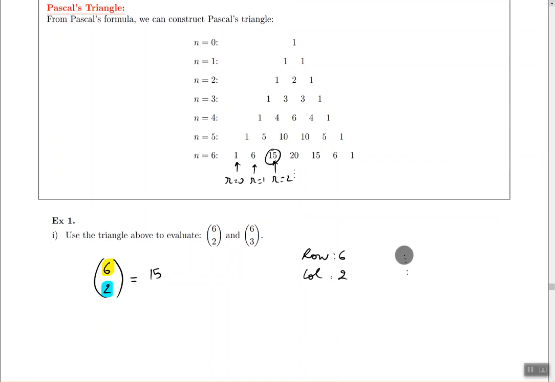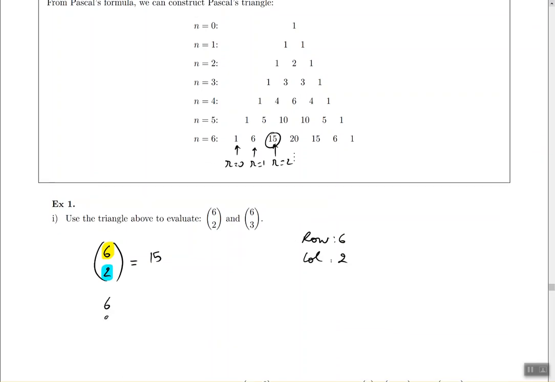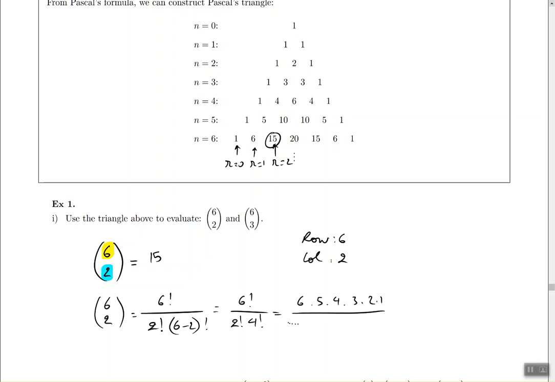Let's verify, is this true? 6 choose 2 the old-fashioned way. This is going to be 6 factorial divided by 2 factorial multiplied by 6 minus 2 factorial. So in other terms, this is 6 factorial divided by 2 factorial and then 4 factorial. Okay, so this is 6, 5, 4, 3, 2, and 1 divided by 2 times 1 times 4, 3, 2, and 1.